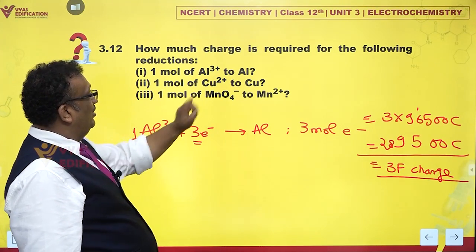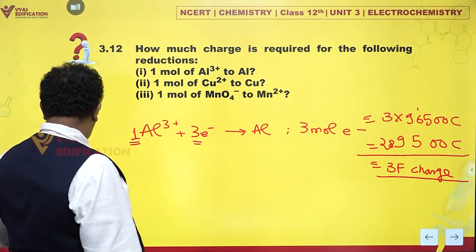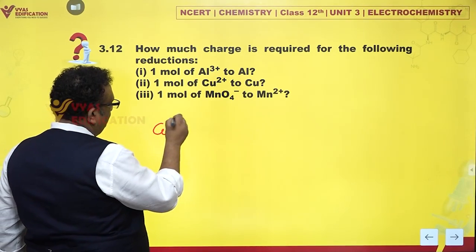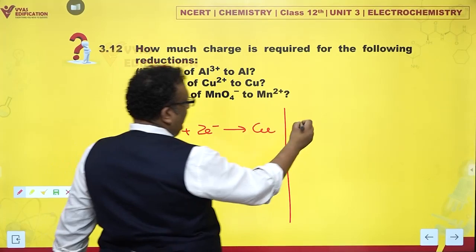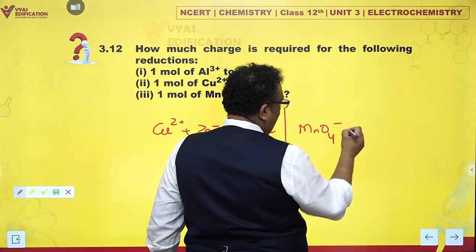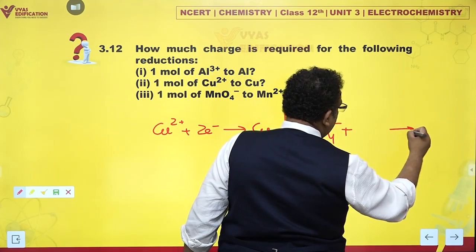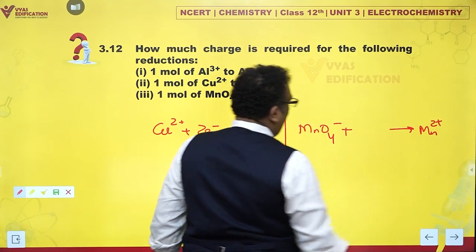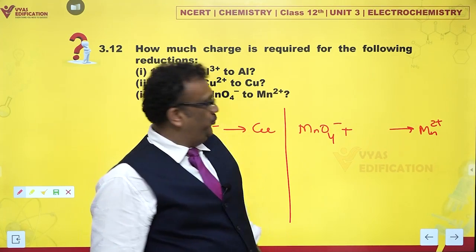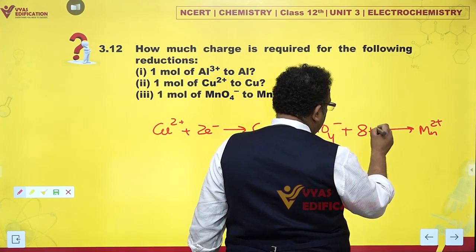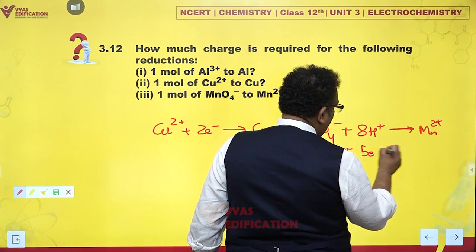What about this? 1 mole of copper 2 plus to copper. And what about permanganate? Permanganate plus something gives you manganese ions. Now, do you see how much of the change? From plus 7, manganese is going to plus 2. If I balance this, I get 5 electrons.